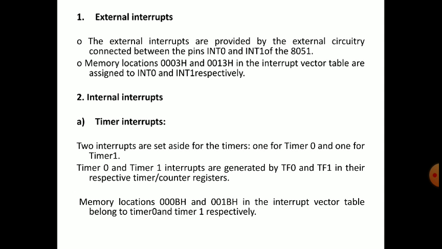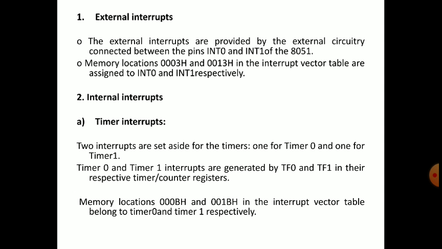Internal interrupts: the timer interrupts. Two interrupts are set aside for the timers, one for timer 0 and one for timer 1. Timer 0 and timer 1 interrupts are generated by TF0 and TF1 in their respective timer or counter registers.